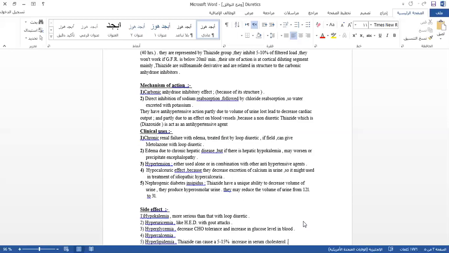Number three, hypertension, used either alone or in combination with other antihypertensive agents. We said the effect of moderate efficacy diuretics in controlling mild to moderate hypertension is more effective than the high efficacy.